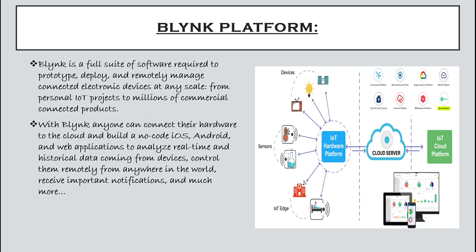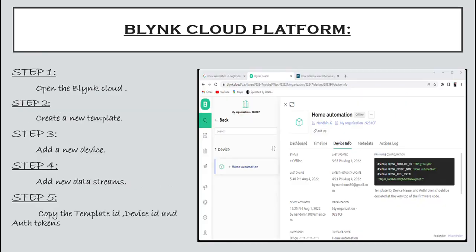Let's see how to create a template and add a device in the Blynk console. Open the Blynk console in the browser, create an account in it and create a new template.